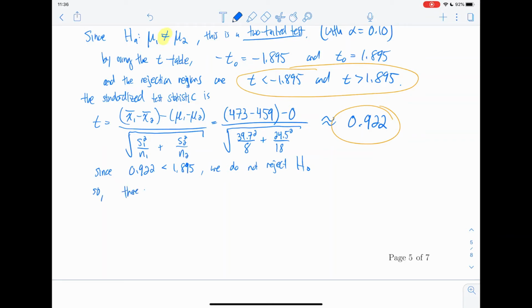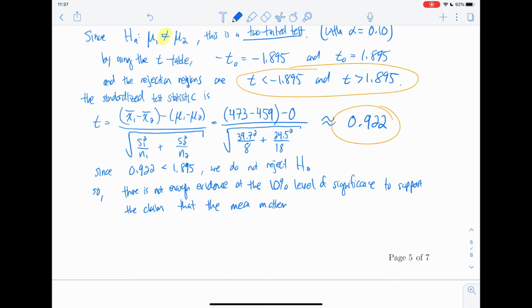We find that there is not enough evidence at the 10% level of significance to support the claim that the mean mathematics scores for the students of the two teachers are different.